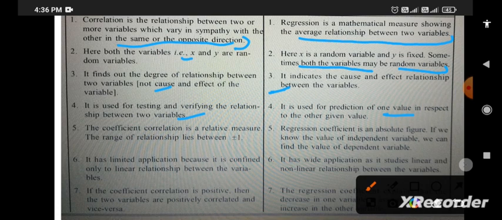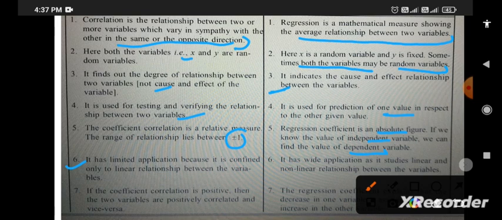The correlation coefficient is a relative measure and its range lies between plus minus 1. The regression coefficient is an absolute figure, and if we know the value of the independent variable, we can find the value of the dependent variable.